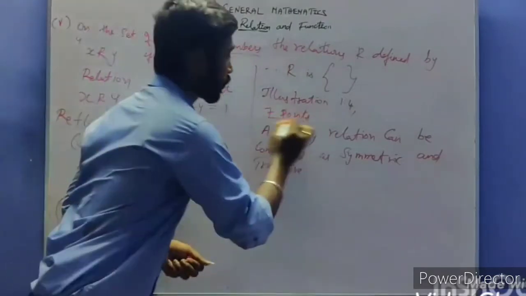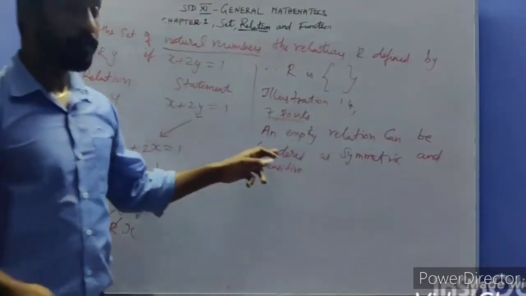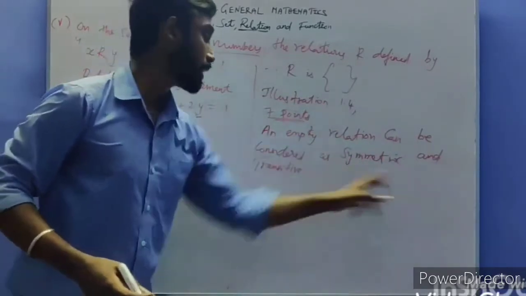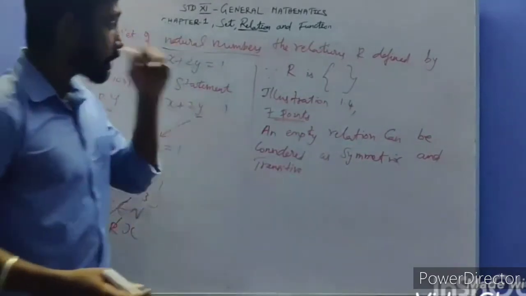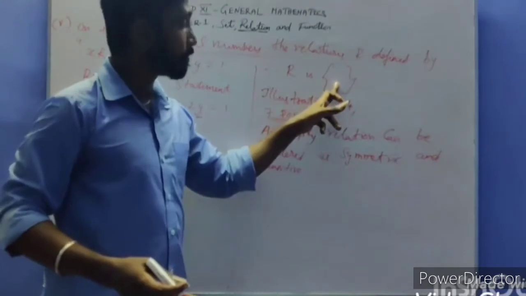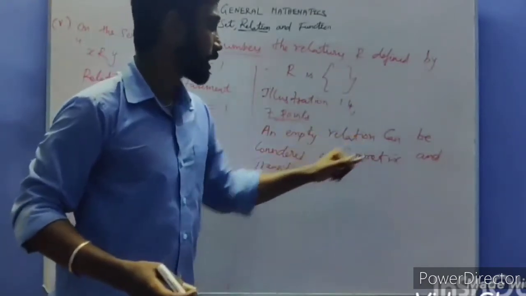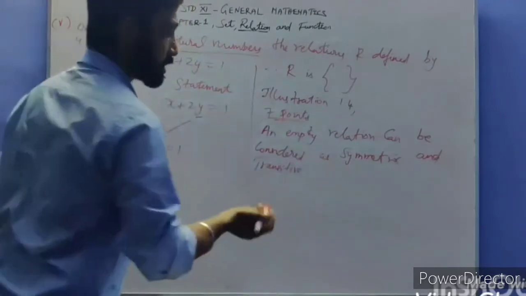What is the statement they are given here? An empty relation can be considered as symmetric and transitive, because here R is an empty set. An empty relation can be considered as symmetric and transitive.